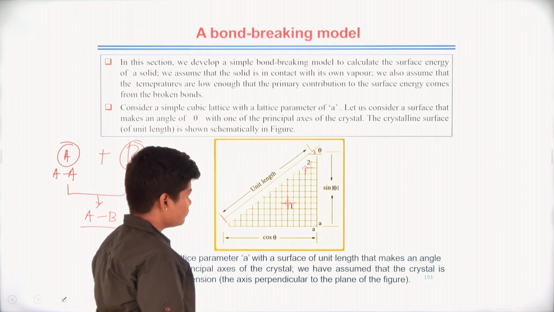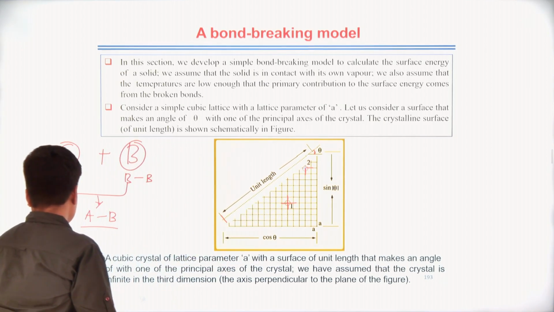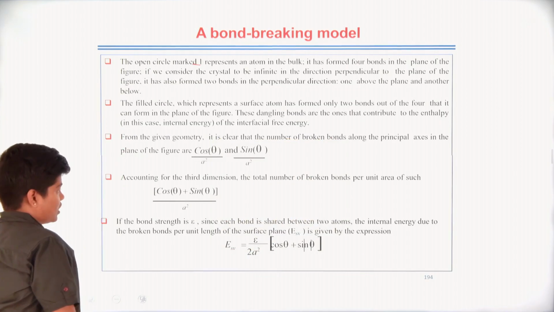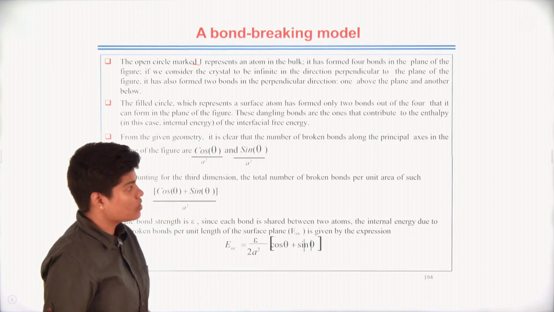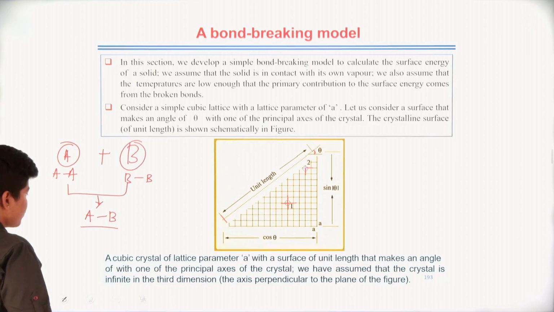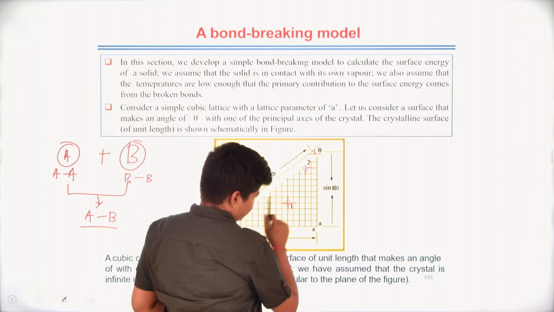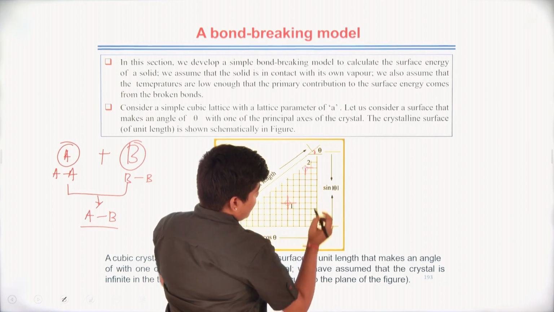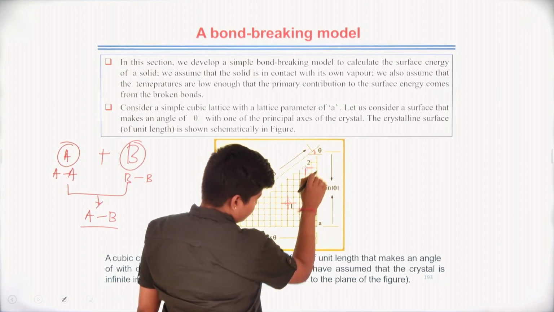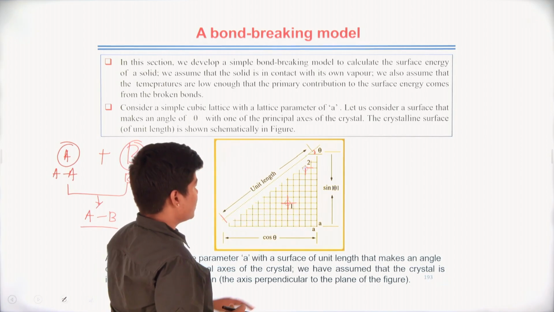Out of the 4 bonds, 2 bonds are perpendicular to the plane: one is above the plane and the other is below the plane. The two bonds of the filled circle are in the direction parallel to the plane.